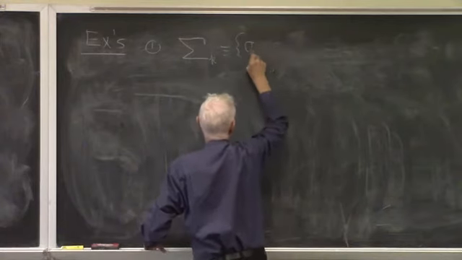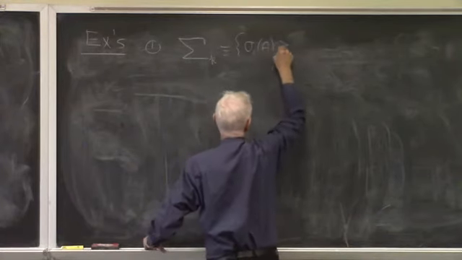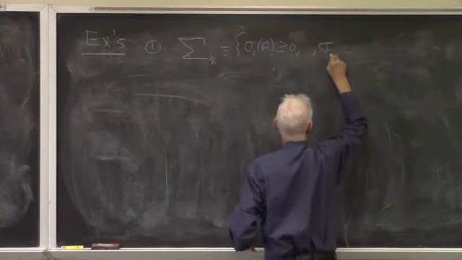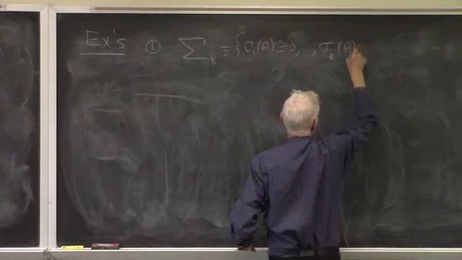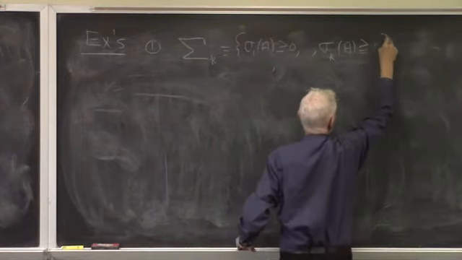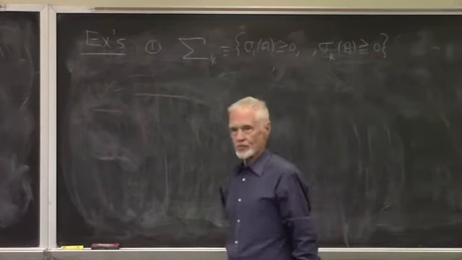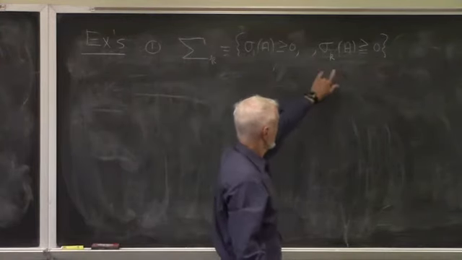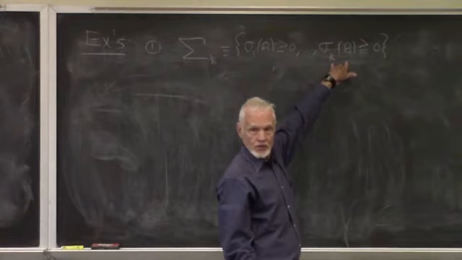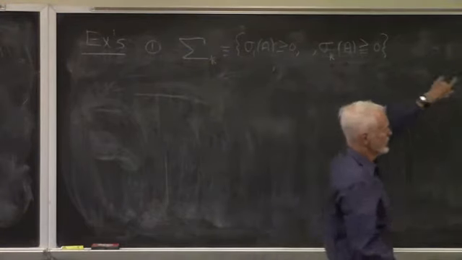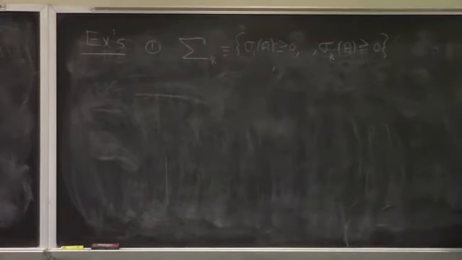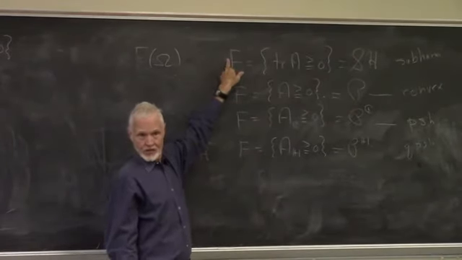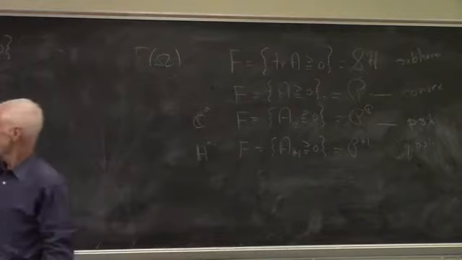This is where you require that the first k elementary symmetric functions of the eigenvalues of A be greater than or equal to 0. And the boundary of this subequation is where this is equal to 0. When k is equal to 1, we get this guy. When k is equal to n, we get that guy. And these are somewhere in between.